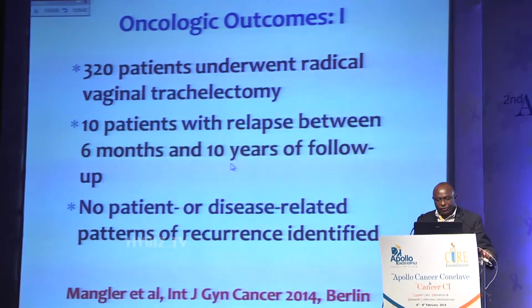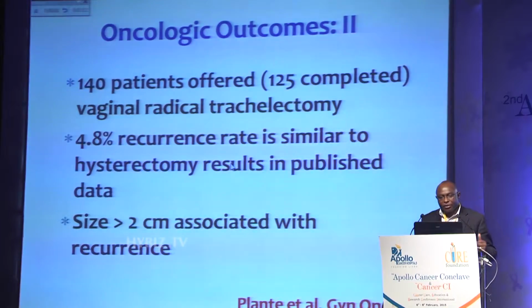This is another study from Berlin, where 320 patients underwent vaginal trachelectomy. 10 of those patients had relapse within a follow-up time of between 6 months and 10 years, and there were really no significant patient-related characteristics in this particular study, but as I will show you, patients who have disease greater than 2 centimeters in size, as well as extensive lymphovascular space invasion, tend to be more affected by recurrence.